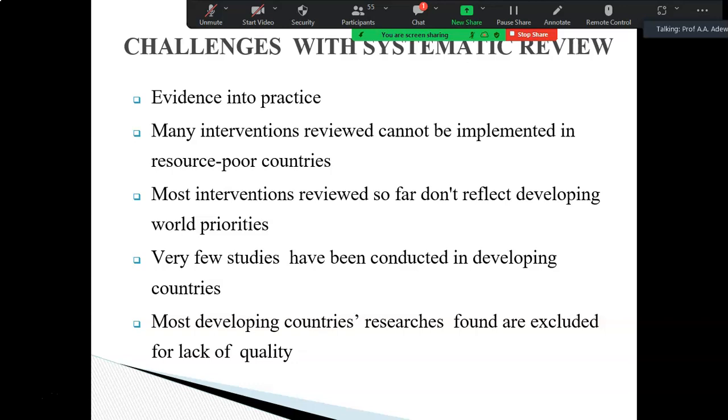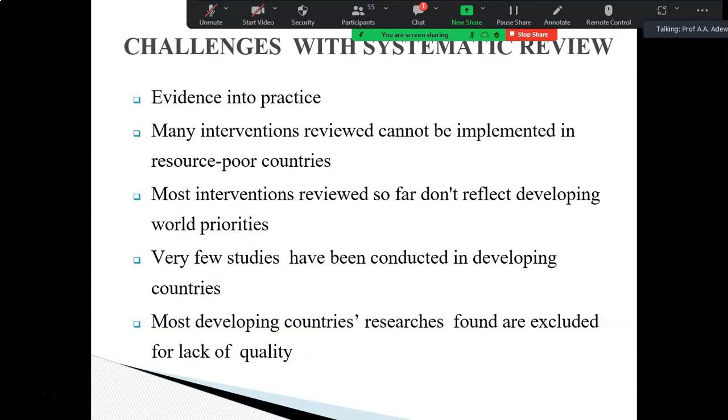So what are the challenges with systematic review? The first one is evidence into practice. Yes, there is already evidence based on all the reviews we have done, but are we able to put that evidence into practice? That is a very big challenge, particularly in the developing world. Many interventions reviewed cannot be implemented in resource-poor countries.